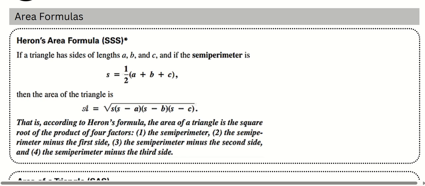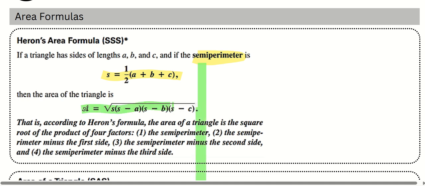If we have a side triangle, so the information about the triangle is only its sides, then I have to use this formula where the semi-perimeter needs to be found first by using the semi-perimeter formula, and then I can use the area formula by putting in that semi-perimeter.